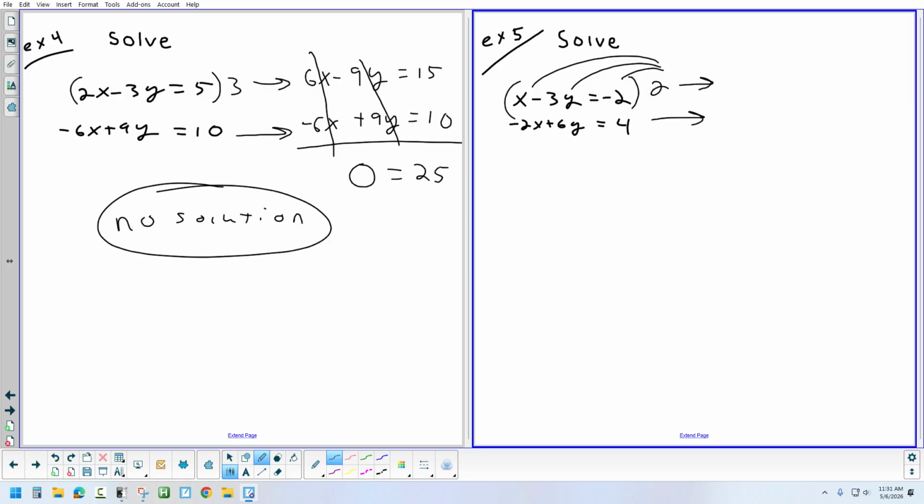Kylie, if I multiply the top by 2, what would be the new equation? 2x minus 6y equals -4. Okay, so 2x minus 6y equals -4. Bottom equation, we're going to copy it over. Negative 2x plus 6y equals 4.